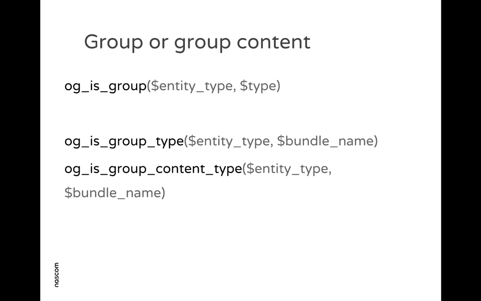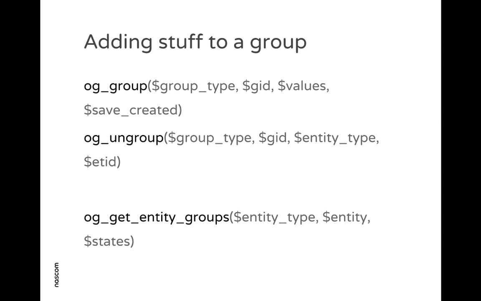And so how do we check, or how do we work with groups? There are some basic functions. We have the function to check if something is a group, or if a bundle or entity is defined to act as a group, or to act as group content.